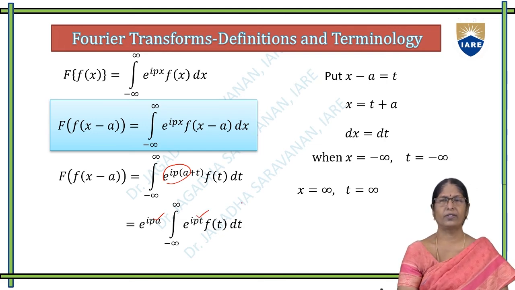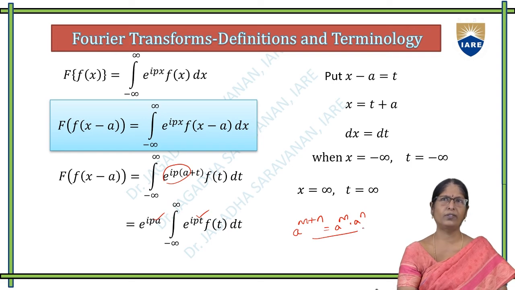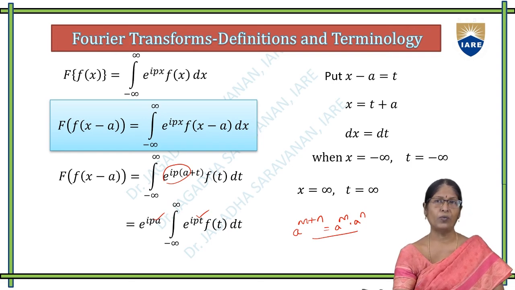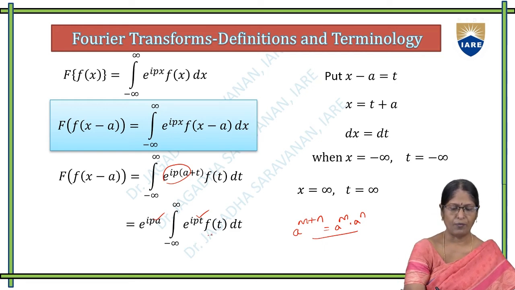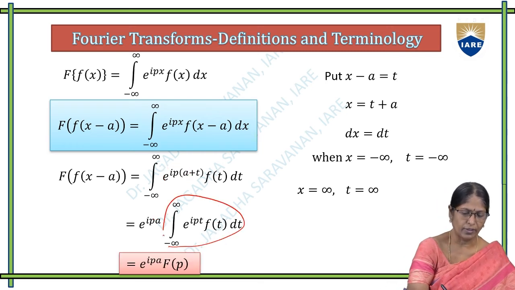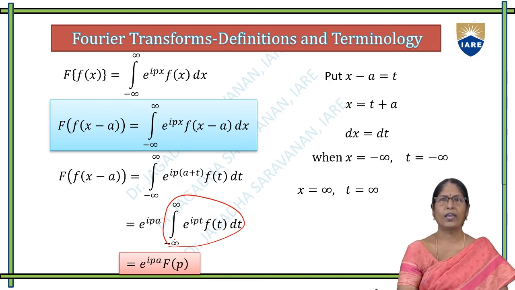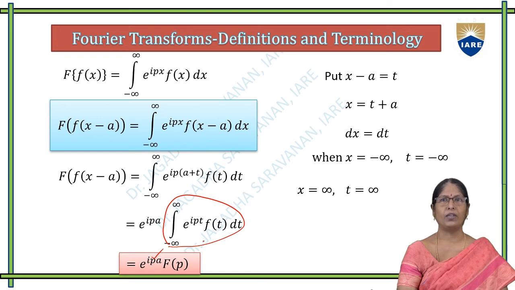We can write it according to the exponential law, a power m plus n, as a product. Using this basic formula that we recollected, and f of t dt, this is nothing but our capital F of p into e power ipa.